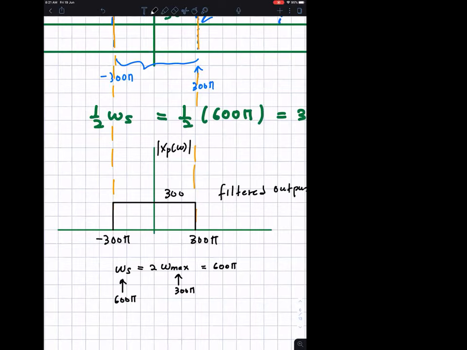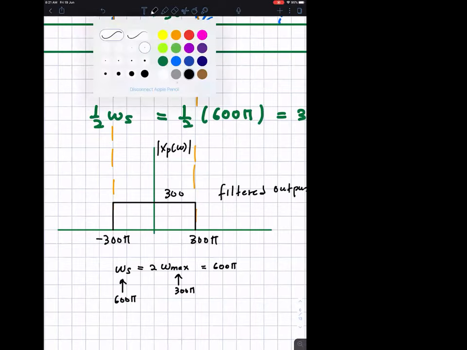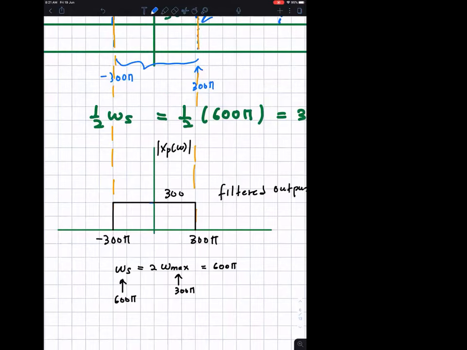Let's say this is not an ideal filter. It might look like this.